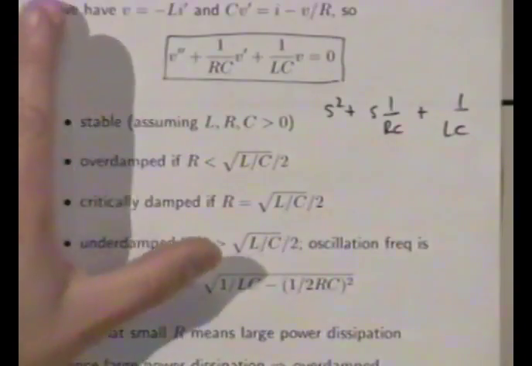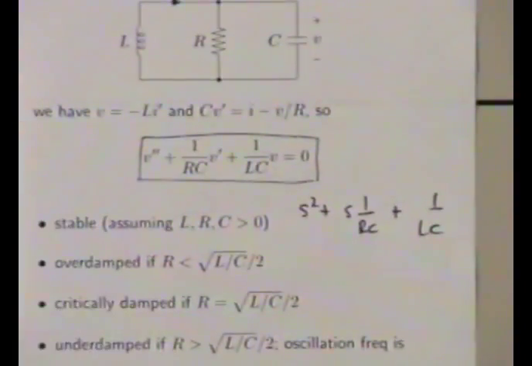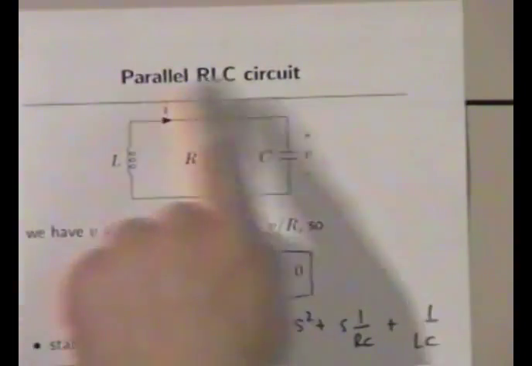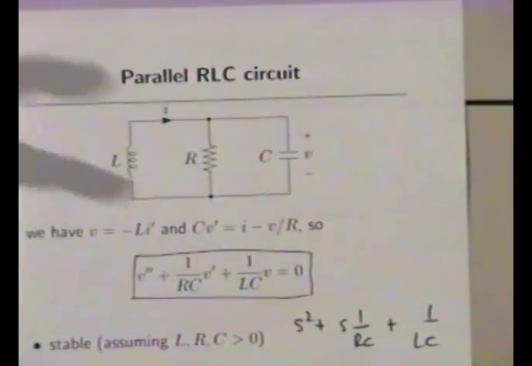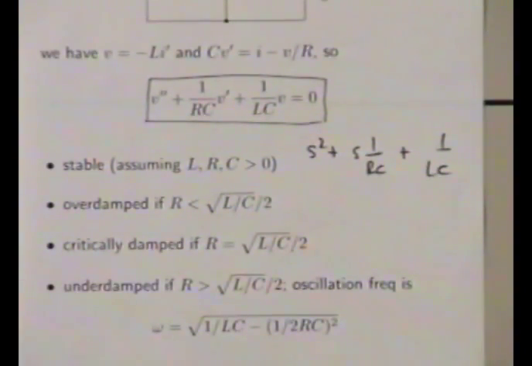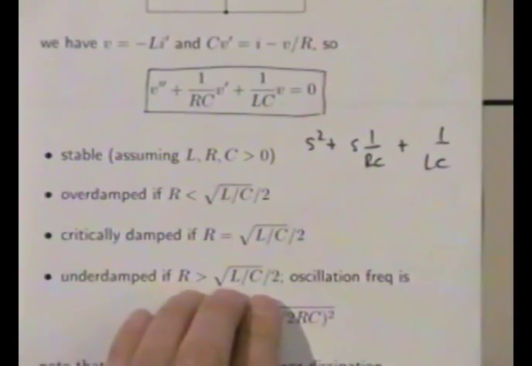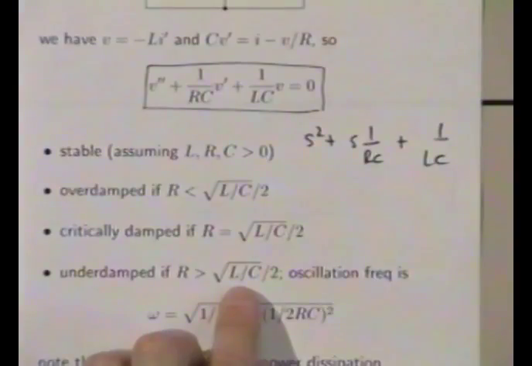So in other words, if R is bigger than that, the solutions are damped and sinusoidal. If R is infinity, the solutions are precisely sinusoidal. Now we can be quantitative: really big means really big compared to that critical value.